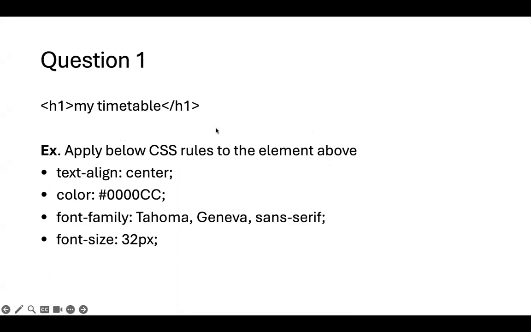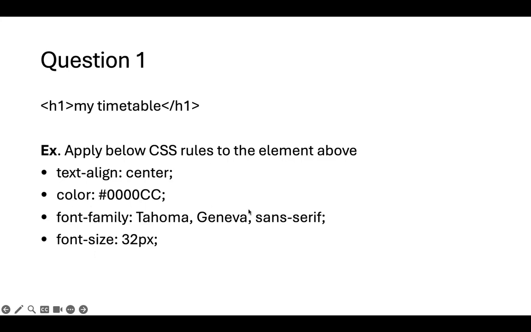So here we have a question. H1, that means header 1. We have a header called My Timetable. So we are applying those CSS rules to this element. These are the rules: text align center, then the color, font family, and the font size.